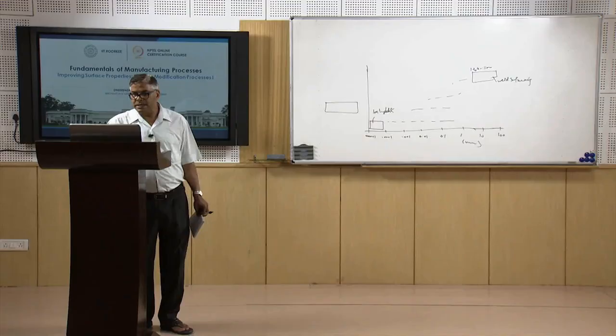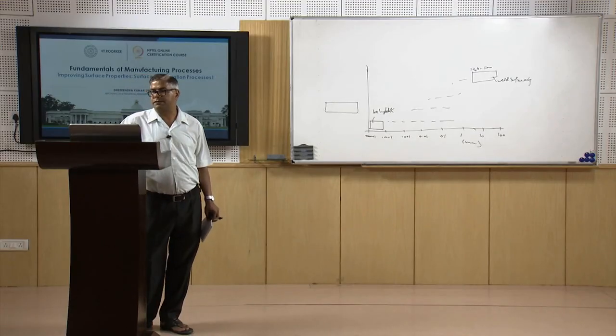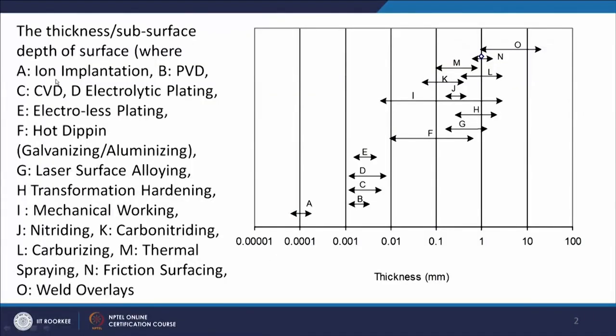What we can see here is that the thinnest surface modification is possible by process A, that is ion implantation, then processes B and C having about 0.01 depth of modification, that is physical vapor deposition and chemical vapor deposition.